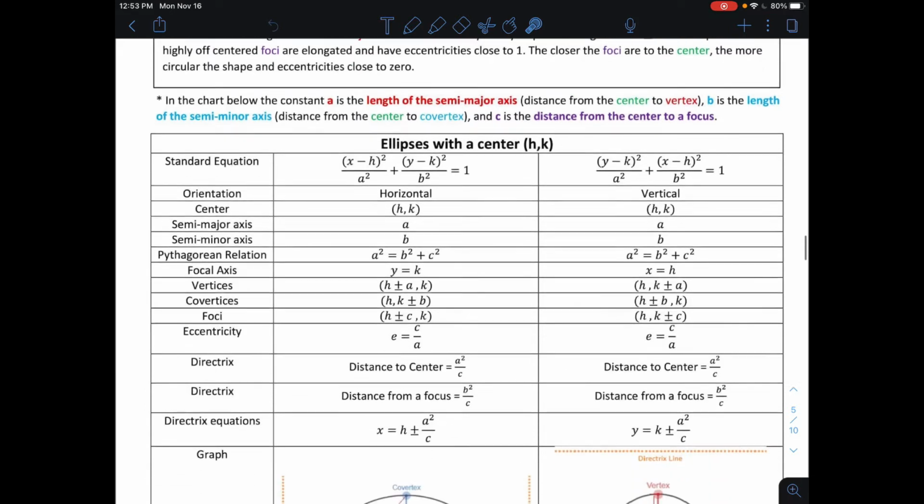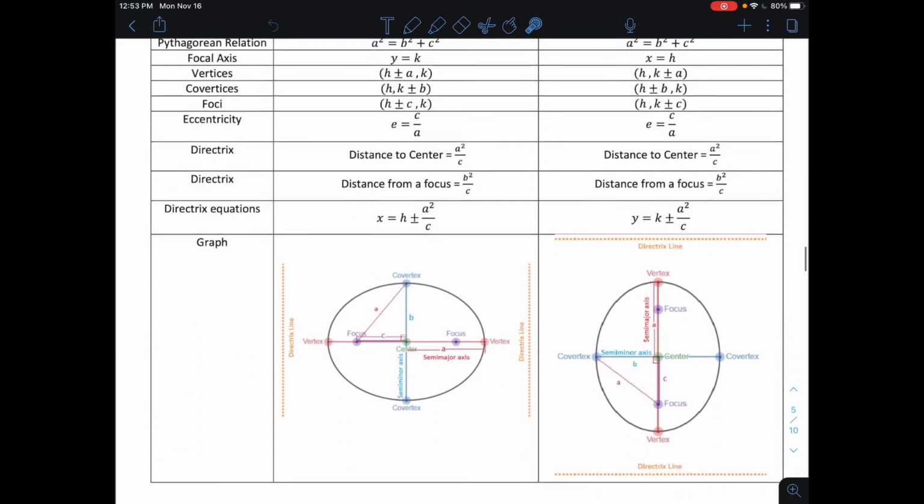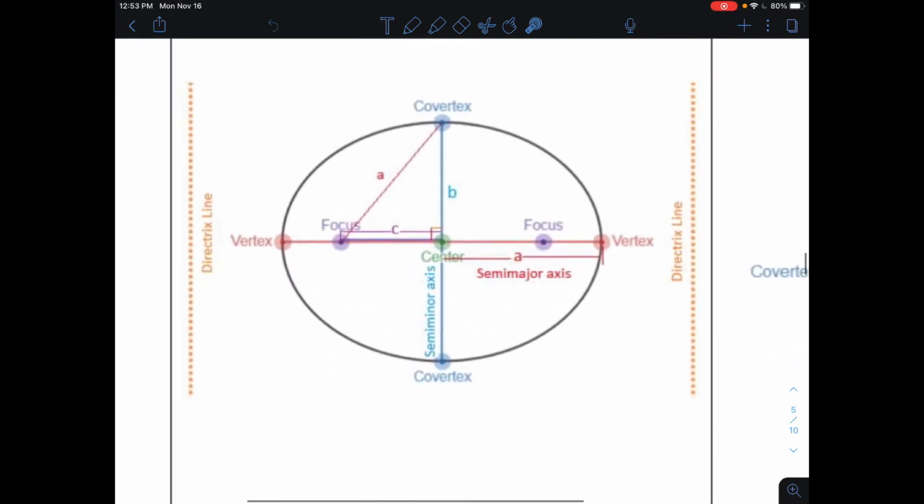Now, there's a Pythagorean relation. Let's look at one of these pictures here, and we zoom in. I have my center, I have my vertex, and a co-vertex.